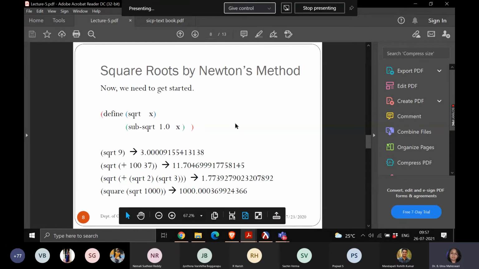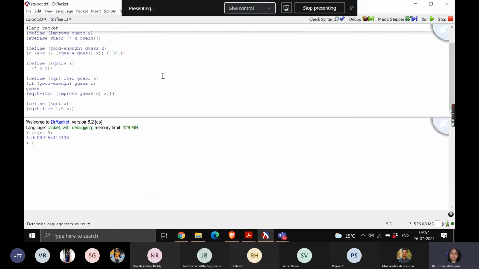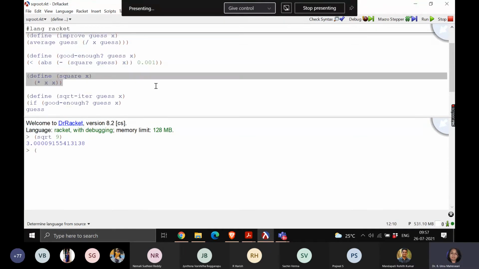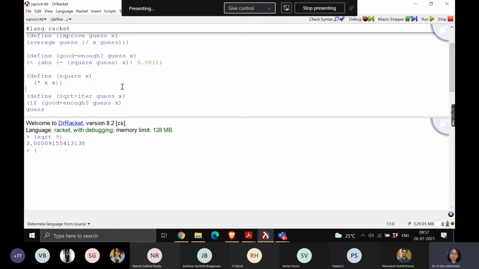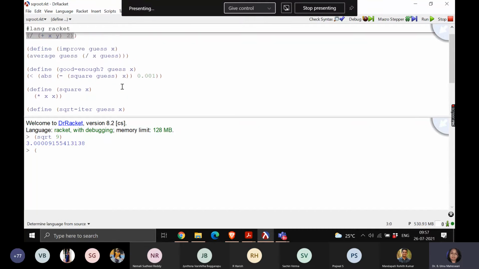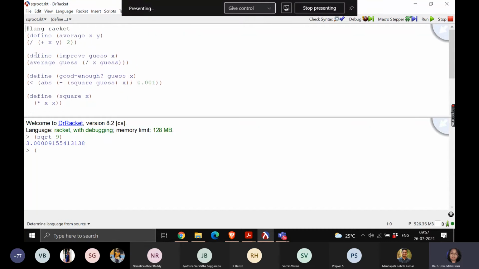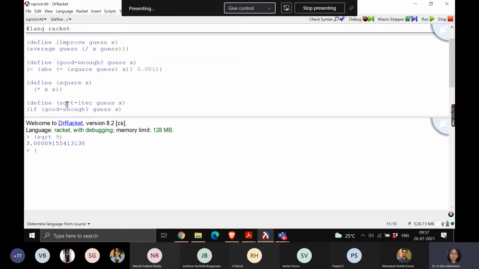For this, I would like to show you the same program. Can you see this Dr. Racket environment? Yes, ma'am. The same procedure I have just written: I have average, I have improve, I have good enough, and I have square.